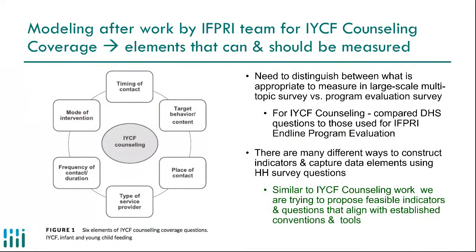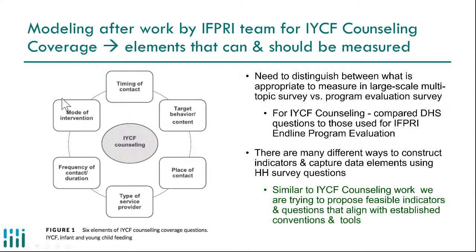I wanted to point out that we did model our work after the IFPRI IYCF counseling coverage project that was done. This initiative proposed a coverage measurement framework, which is the one here on the left. It had 6 elements that collectively were defining coverage of IYCF programs at the household level.